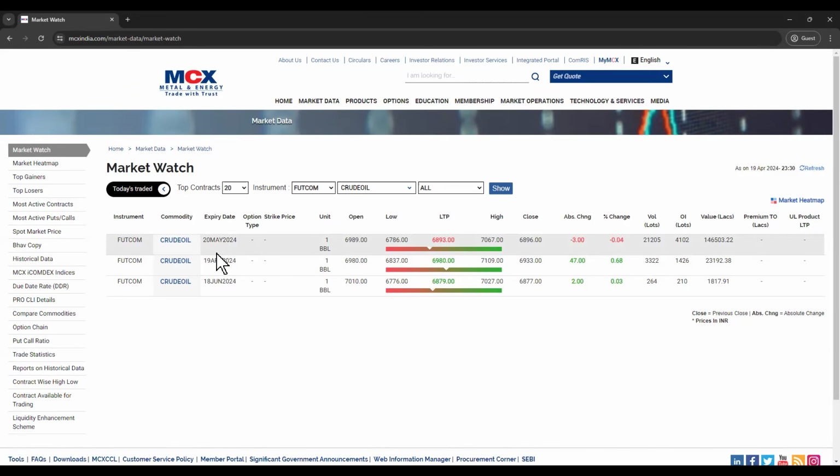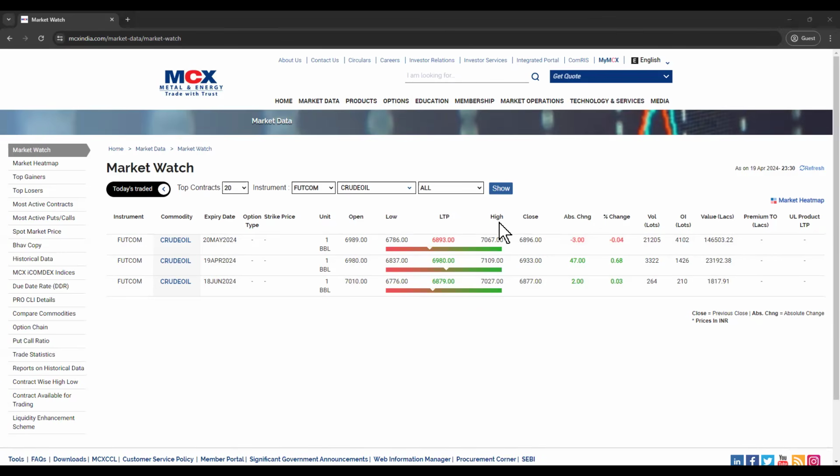You can see that if you compare the May contract, because the upcoming contract is the May contract, with the June contract, the far dated contract, which one is having more liquidity? How do you judge liquidity? Tell me.